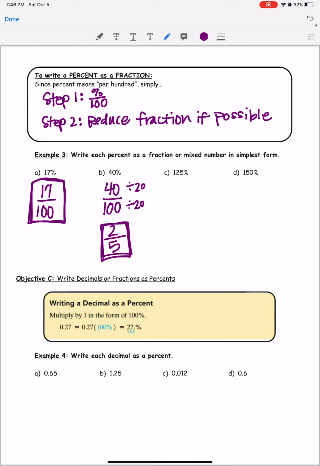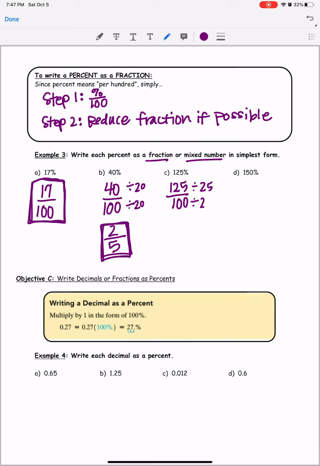Okay, example 3, write each as a fraction or a mixed number. So in this one, that mixed number is going to come in handy. Here, we have 125 over 100. I can divide both of them by 25.